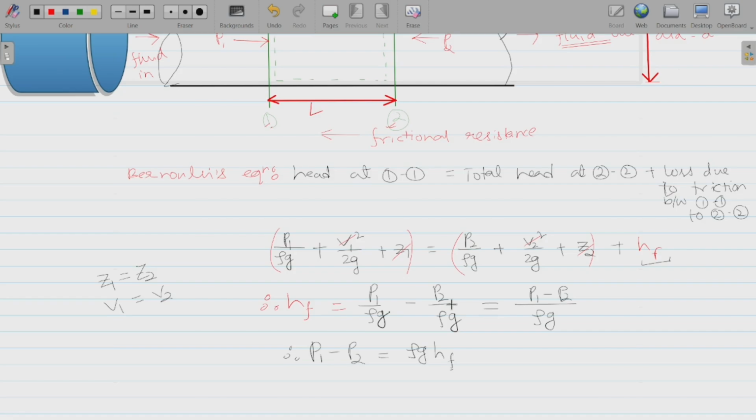Because of this equality, V1 equals V2, so these two terms are gone. Z1 equals Z2, so these two terms are also gone. We are left with P1 by rho g, P2 by rho g, and HF. So HF equals P1 by rho g minus P2 by rho g, and P1 minus P2 equals rho g HF. This is my equation number 1.